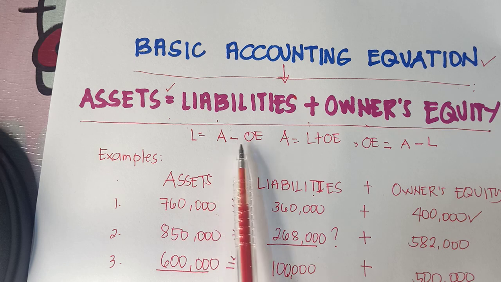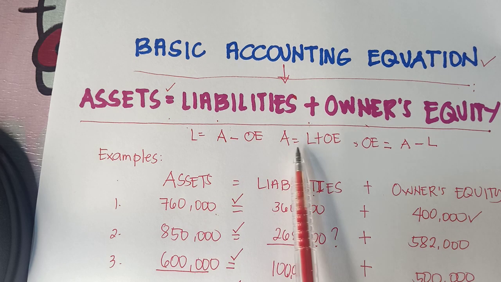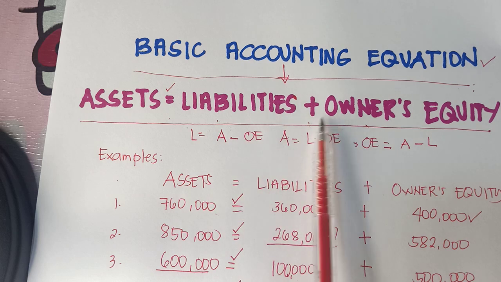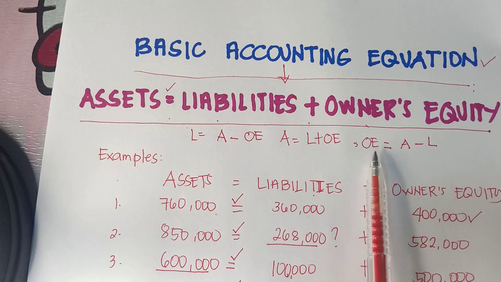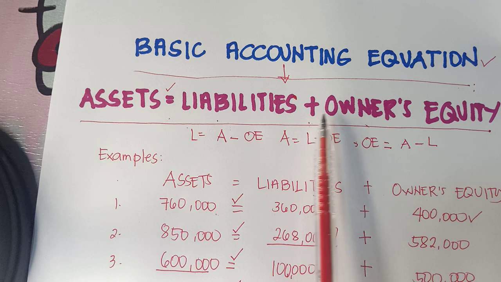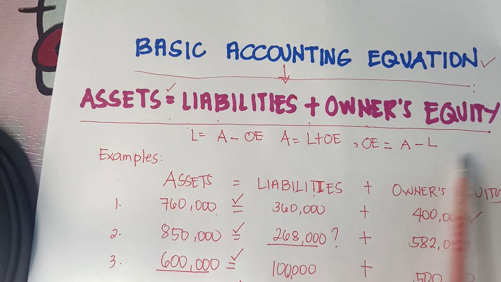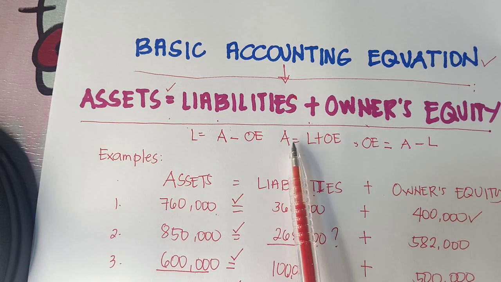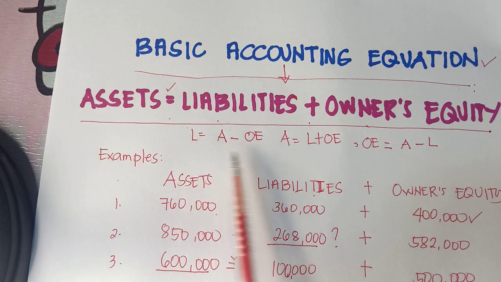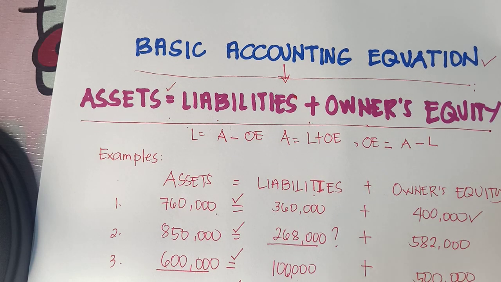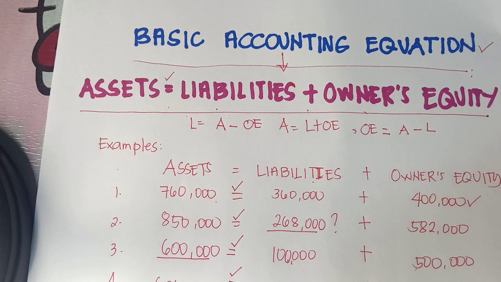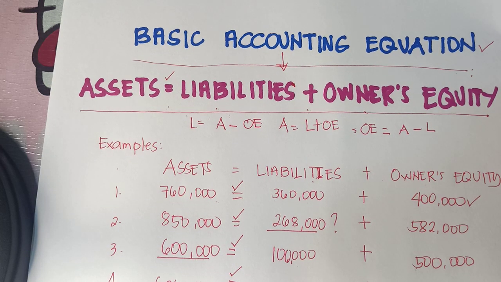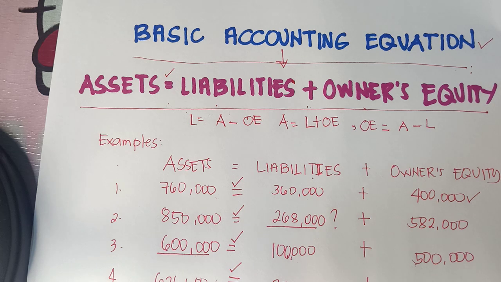Liabilities is equal to assets less owner's equity. Assets is equal to liabilities plus owner's equity, and owner's equity is equal to assets minus liabilities. We just transposed it in order to find the value of the liabilities, assets, and owner's equity. So, that's it for our discussion about the basic accounting equation. And always remember the equation because it is the foundation of accounting.